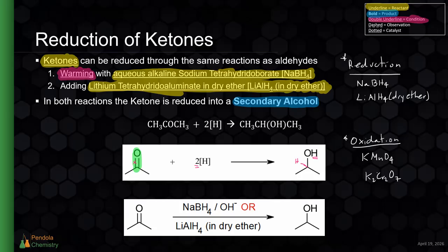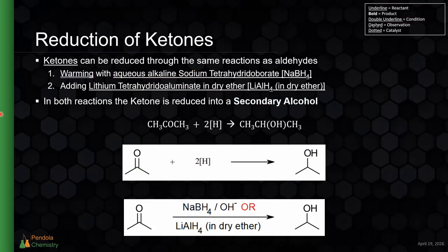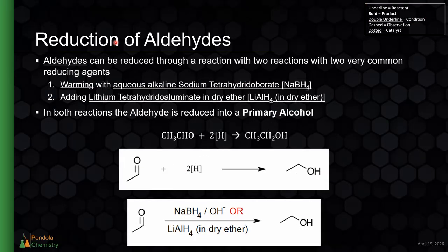So those are the reductions of aldehydes and ketones. Like I mentioned, these are the opposite of the oxidations we saw in section 2. So it stands to reason that if oxidizing a secondary alcohol gives you a ketone, then reducing a ketone gives you a secondary alcohol. It also stands to reason that if we oxidize a primary alcohol, we get an aldehyde, then reducing an aldehyde will give you a primary alcohol.